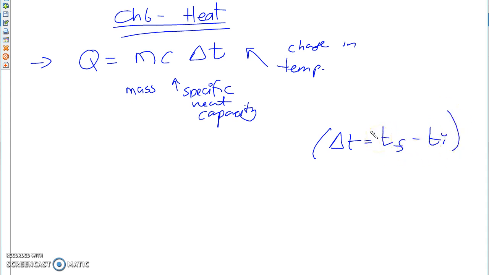There were easy questions I gave you on the quizzes and the tests, and I had people calculating one part of it, but not the second part of it. If you're going to do that, you have to calculate this, and you have to calculate that and subtract the two. So this is calculating heat.